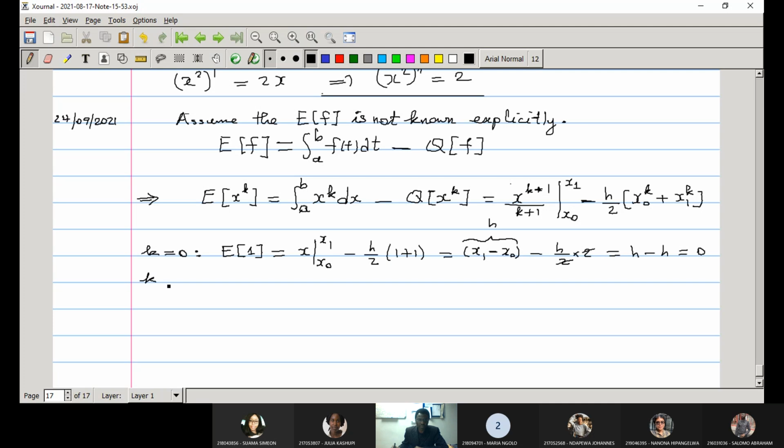Now, if k is equal to 1, I substitute 1 here. You can see it's x squared by 2.